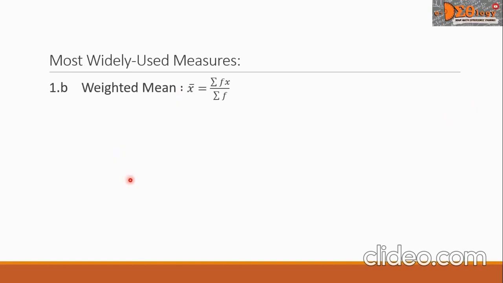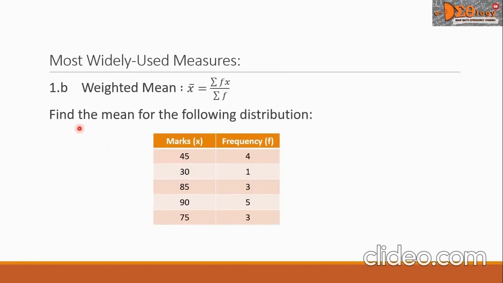Let's have an example. Find the mean for the following distribution. We have a table here with 2 columns. The first column is for the marks. We regard that to be x. The second column is the frequency with the symbol f.